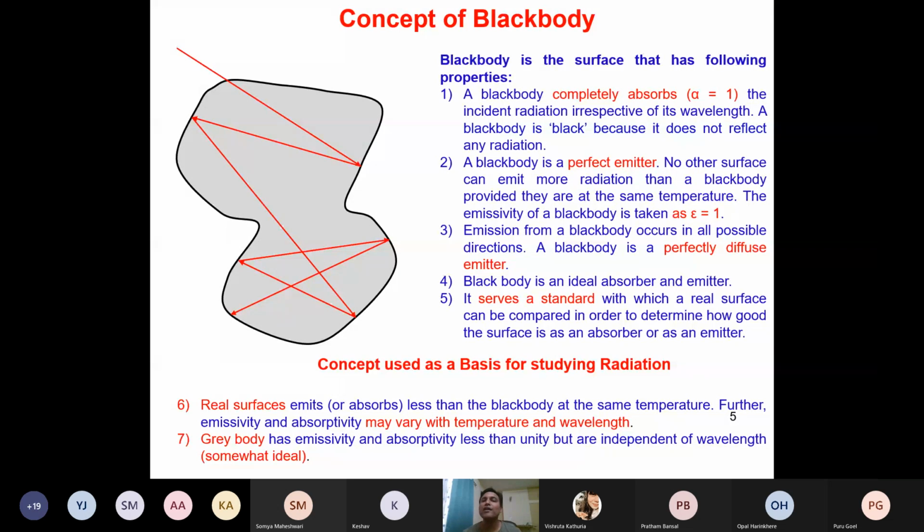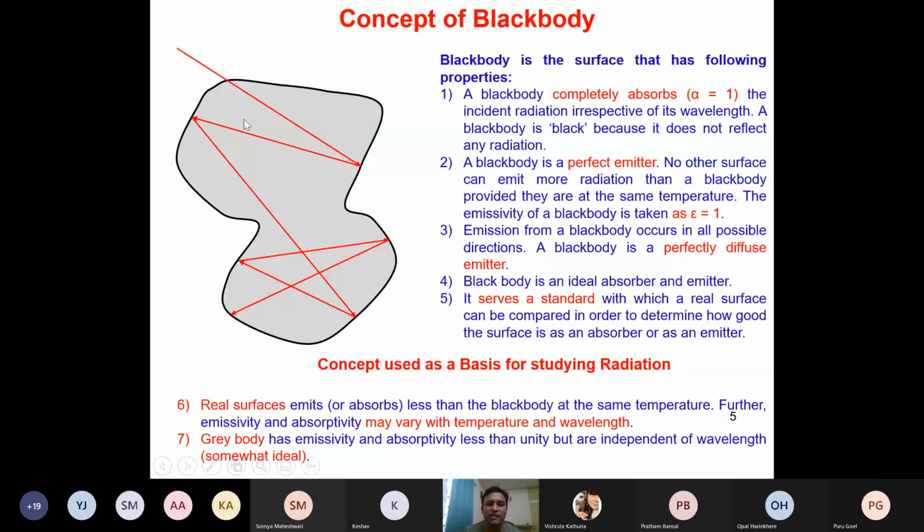Now let us look at an important concept, that is the concept of a black body. A black body is a surface that has the following properties. A black body completely absorbs the incident radiation irrespective of its wavelength. A black body is black because it does not reflect any radiation.